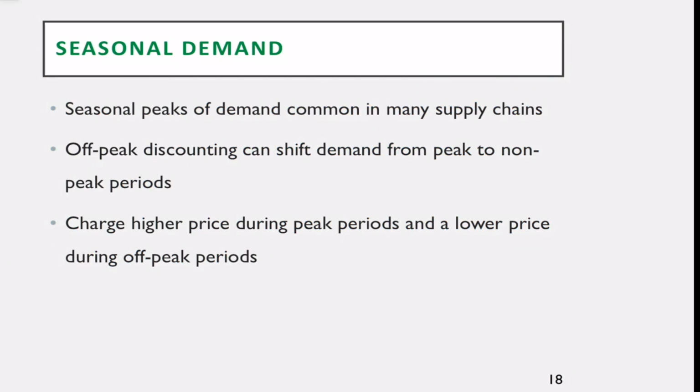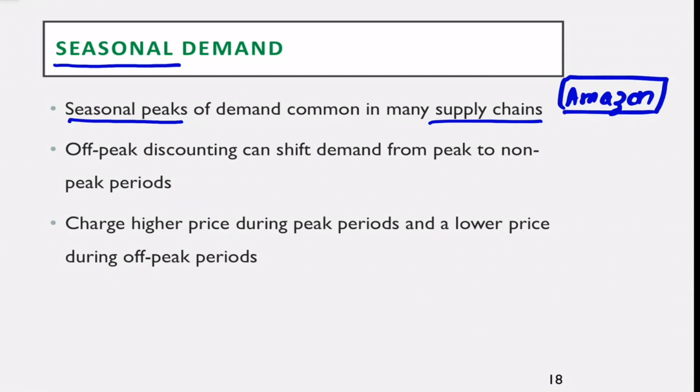So, pricing and revenue management for seasonal demand is another important area. Seasonal peaks of demand are very common in many supply chains. For example, because the holiday season is a peak season and it constrains the transportation or shipping of items, Amazon offers free shipping as some kind of off-peak discount.